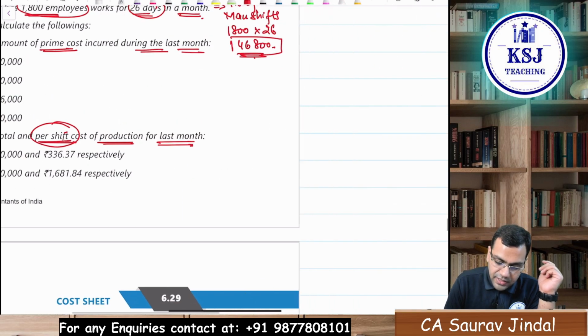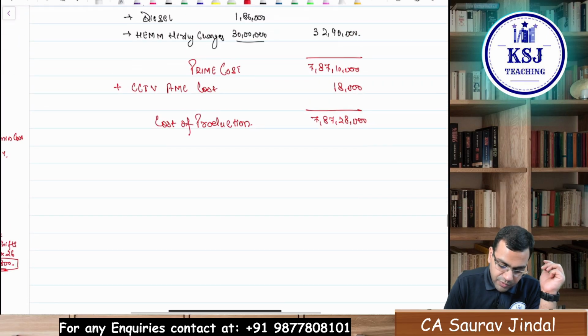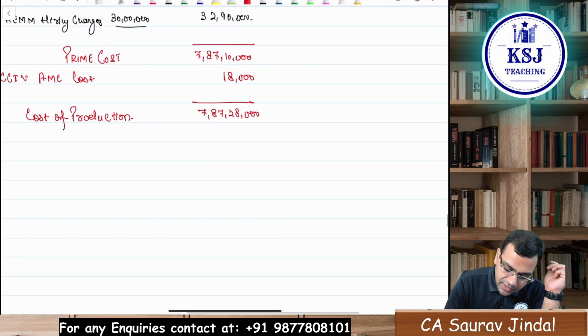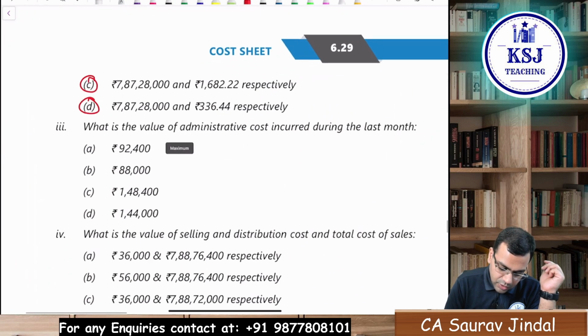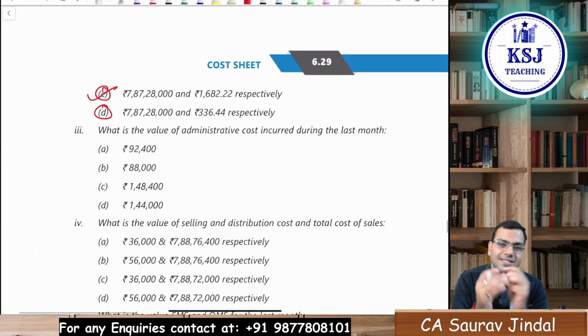Here they are asking for the cost of production per man shift, that is divided by 46,800. So 7 crore 87 lakh 28,000 divided by 46,800 comes to 1682.22. So we have option C as the correct answer.